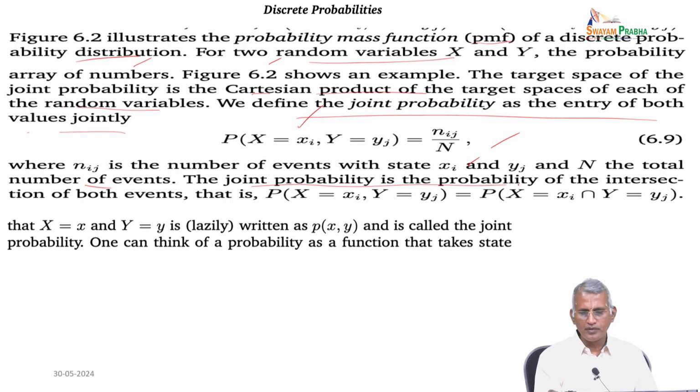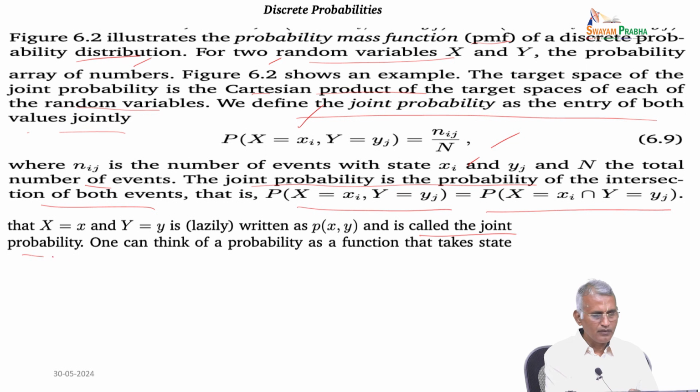The joint probability distribution is the intersection of both events: probability of X equal to xi and Y equal to yj is the probability of X equal to xi intersection Y equal to yj. Here x is small x and y is small y, lazily written as probability of x comma y, called the joint probability function.